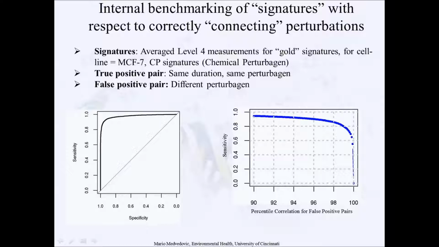This will now constitute a signature, meaning you will have a 978 dimensional vector of observations that you can correlate with anything else to see whether the perturbation has a similar transcriptional response to this other profile of interest.